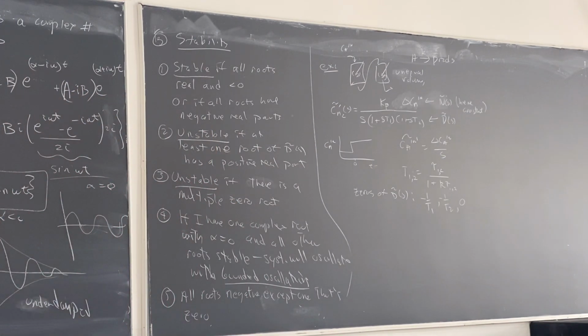If one of the roots is 0, and there's only one of them, then I have e to the 0. What's e to the 0? 1. So that means I'll have a constant. Just a constant.